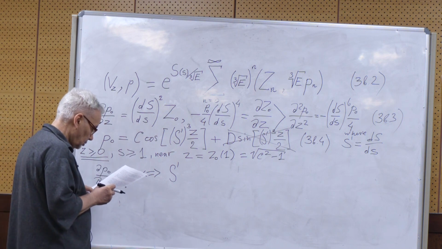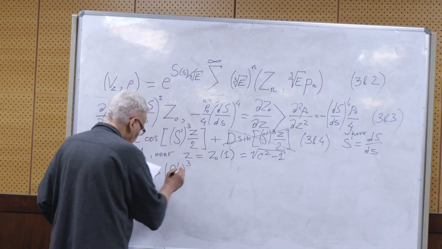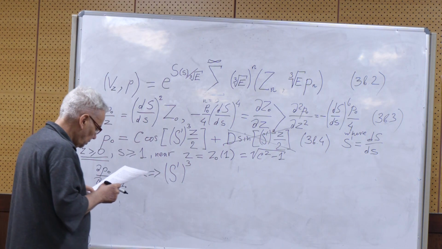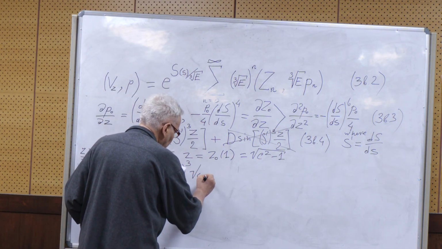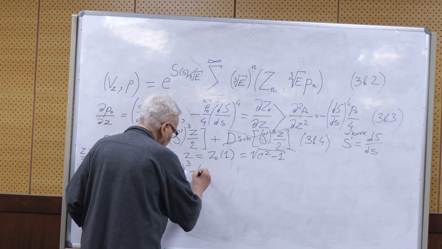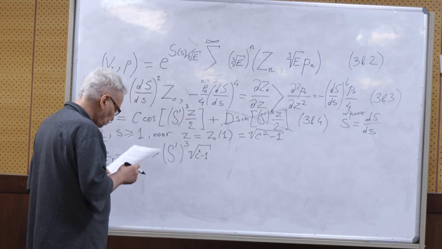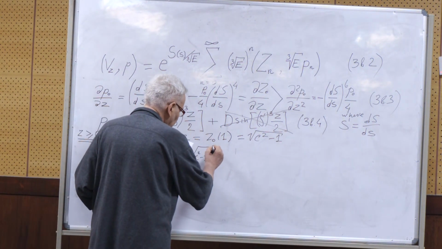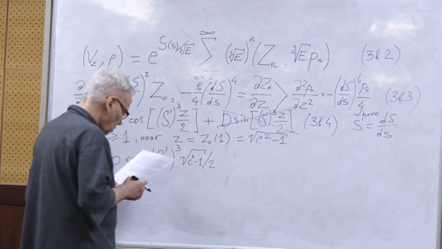And here we have cube, and here we have the remaining z, c squared minus 1, everything divided by 2.